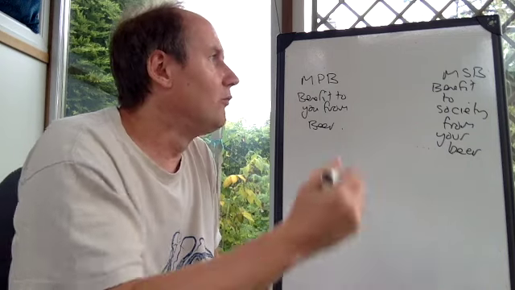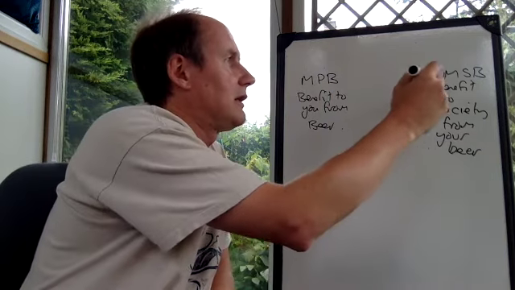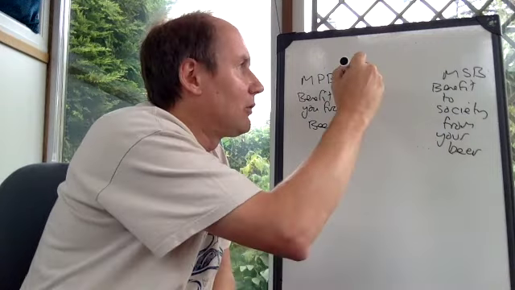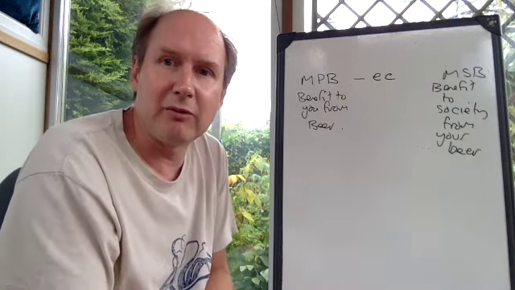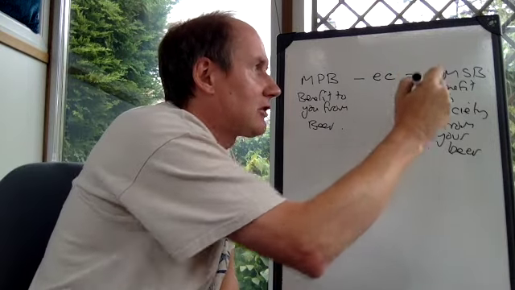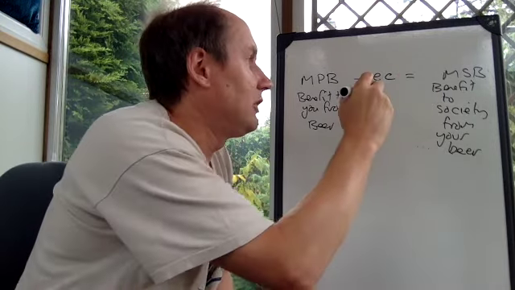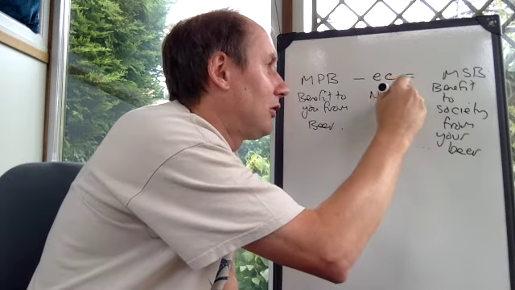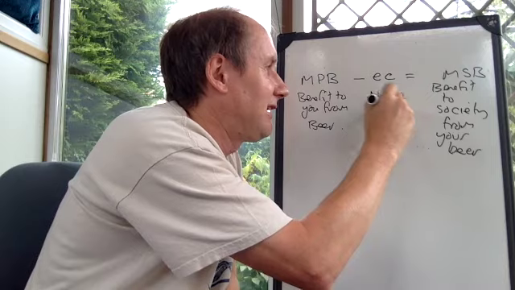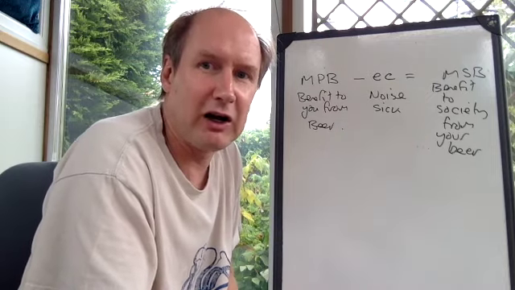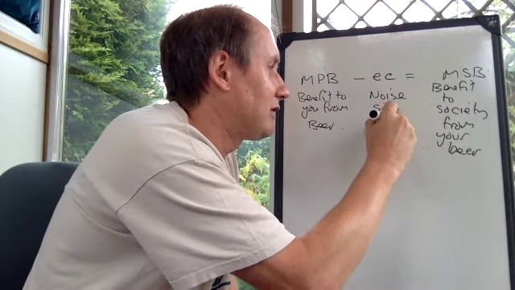However, what we've got to say is that in this case, we've got to subtract the external cost. The damage that you drinking has on third parties. Perhaps you go out and you make lots of noise. Perhaps you go out and you're sick on the pavement. Perhaps you get into your car, and you cause accidents.